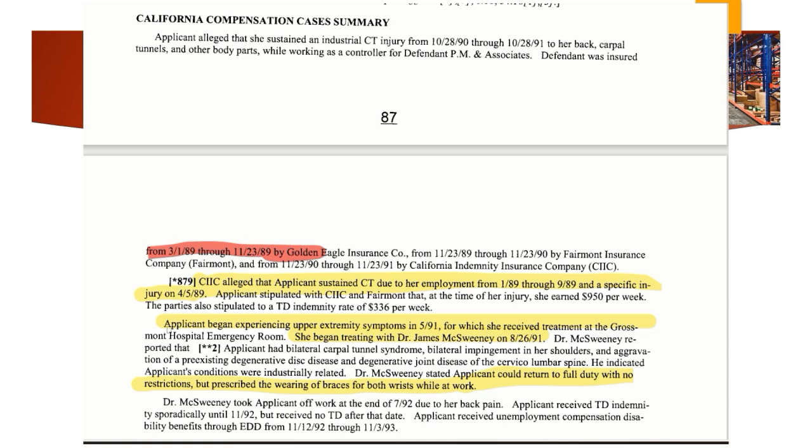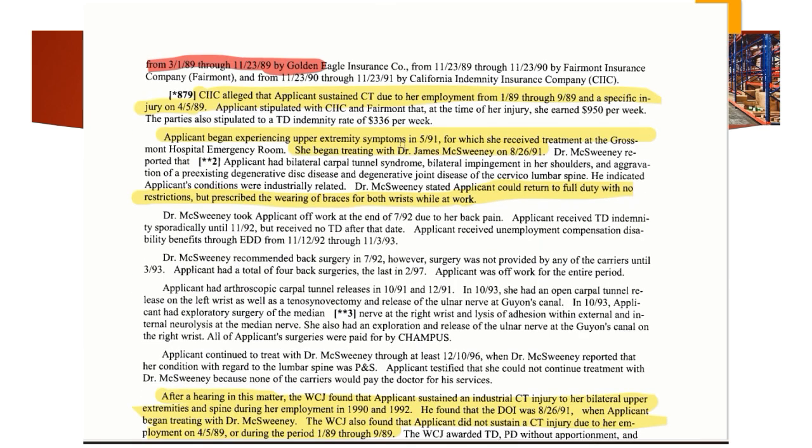Well, by review of the medical record, we learned that the applicant began experiencing upper extremity symptoms in 5/91. Now, 5/91 puts that squarely here within the liability period of CIIC, directly in the center of this liability period.